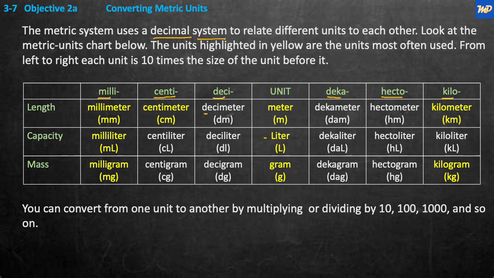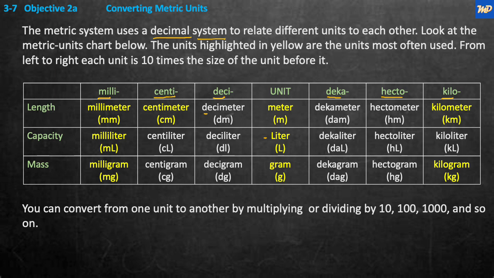Decigram is a dg, that's 10 times larger than a centigram, and 100 times larger than a milligram. And then a gram is 10 times larger than a decigram. It's 1,000 times larger than a milligram. If you took 1,000 specks of sawdust, that would be a gram.